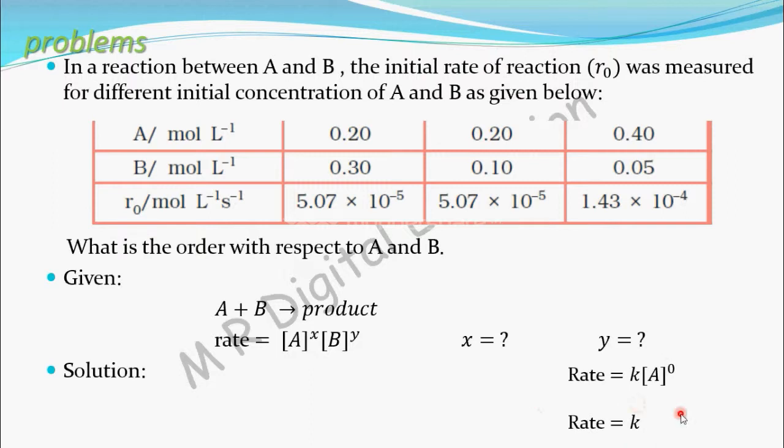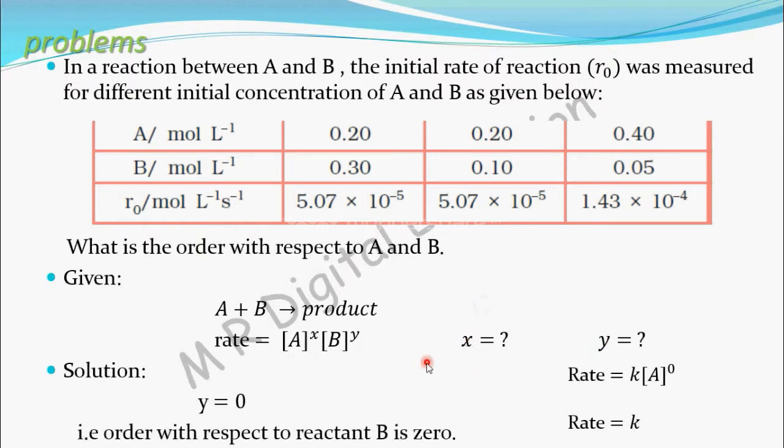So in these two experiments also, even though you decrease the concentration of reactant B, rate is remaining same. So order with respect to B is 0. So Y is 0.